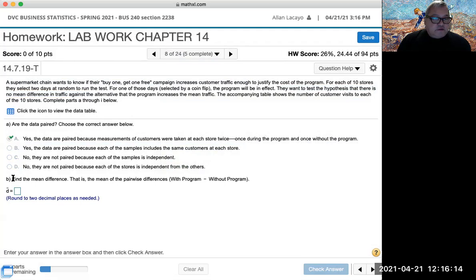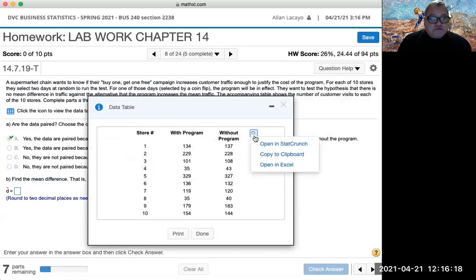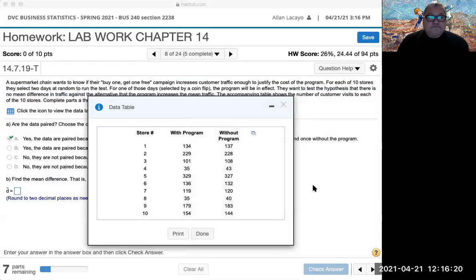And then the first thing you want to know is to calculate the mean difference. So in order to do that, you open the data in StatCrunch. We're going to go to Data, and we're going to compute an expression.